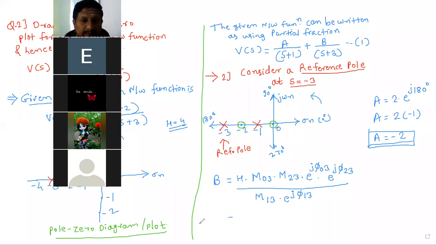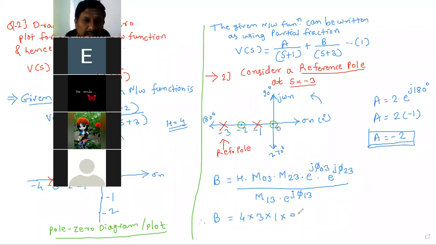So next, B is equal to H means what? 4. Now, M0 to 3, 0 to 3, how much distance? 3. Very good. M2 to 3, 1. Very good.